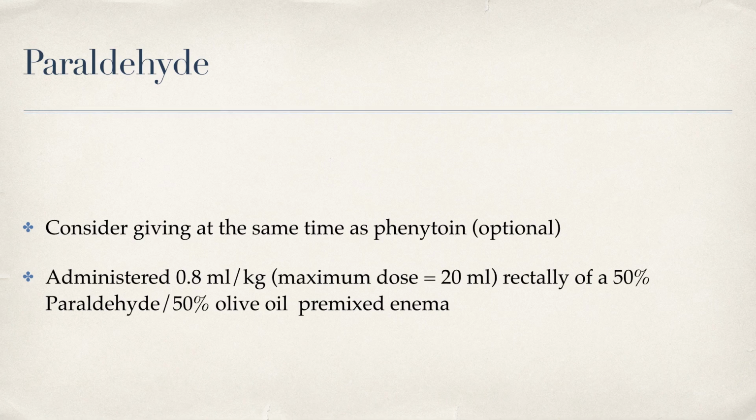If you do want to give it, the dose is 0.8 mils per kilo of a 50% paraldehyde, 50% olive oil, pre-mixed enema, up to a maximum dose of 20 mils. Contrary to what the evidence says, I personally have found paraldehyde to be quite effective, so I do give it at the same time as the phenytoin, but it's really up to yourself whether you do or don't want to give it.